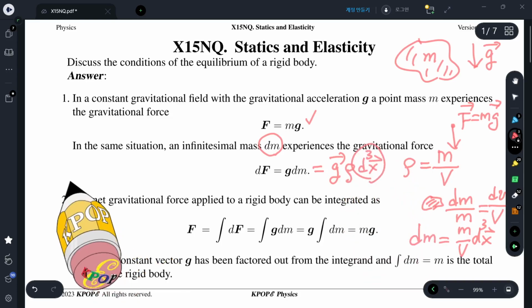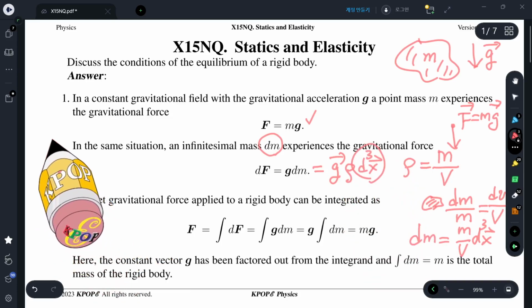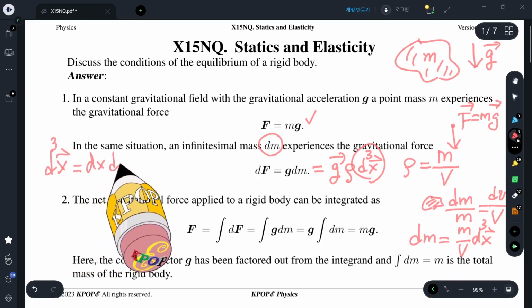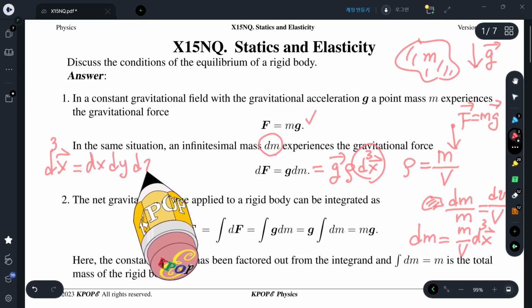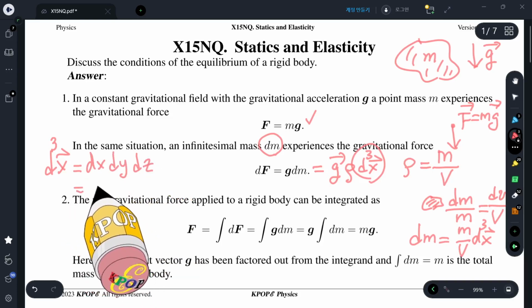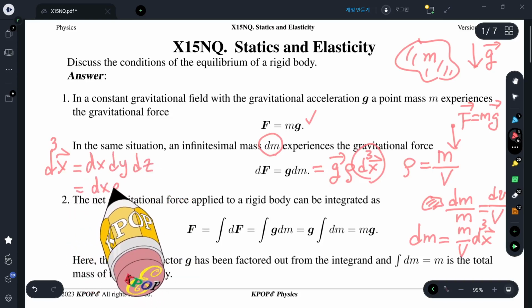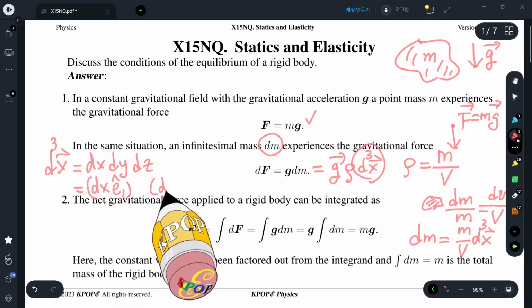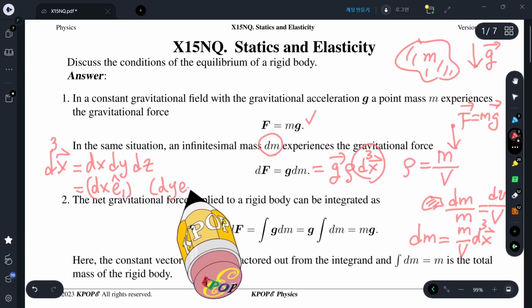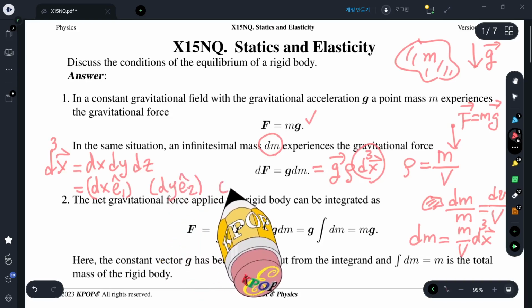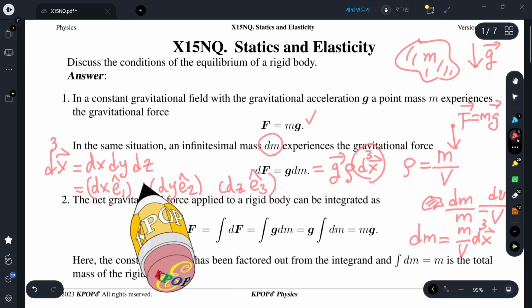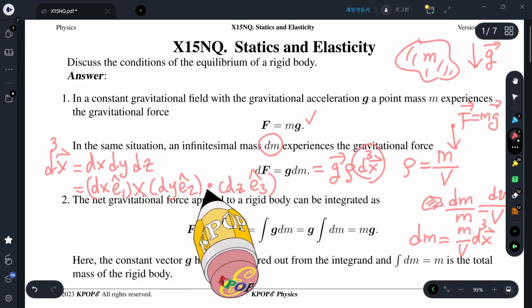this infinitesimal volume is not a vector but the product of dx, dy, and dz, and it is actually the displacement vector along the x-axis, the displacement vector along the y-axis, and the displacement vector along the z-axis, cross product, scalar product.